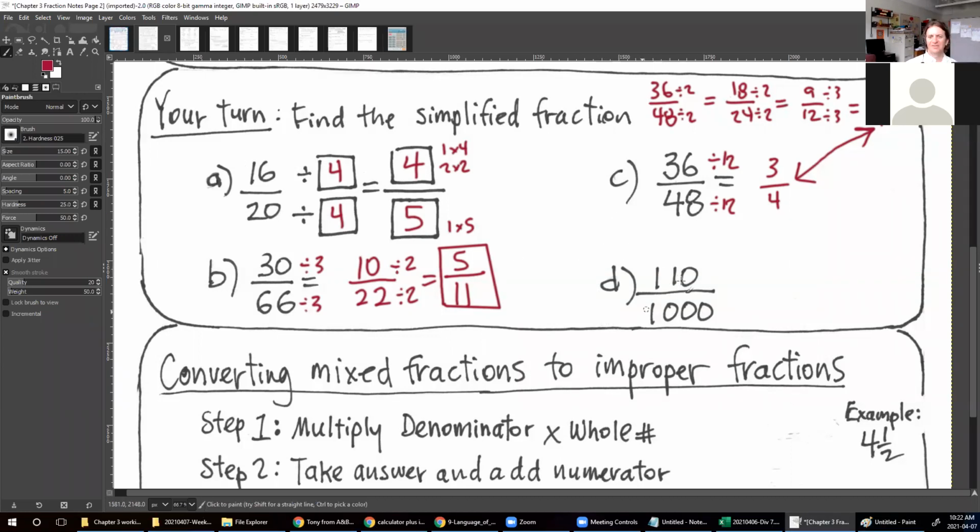The obvious one for this question is I think that I can divide both of these by 10. So let's divide by 10. 110 divided by 10 is just 11. And 1,000 divided by 10 is going to be 100. And that's all I can do. It's simplified.